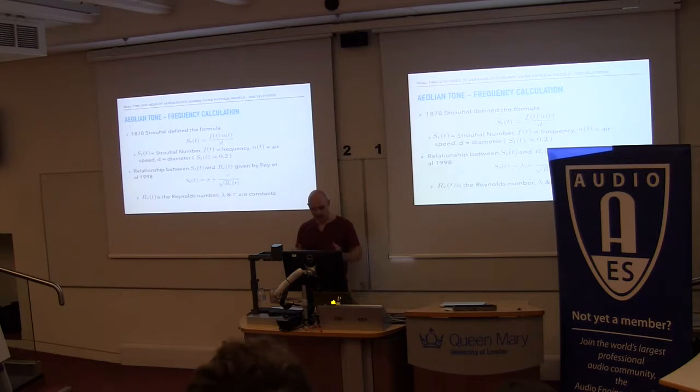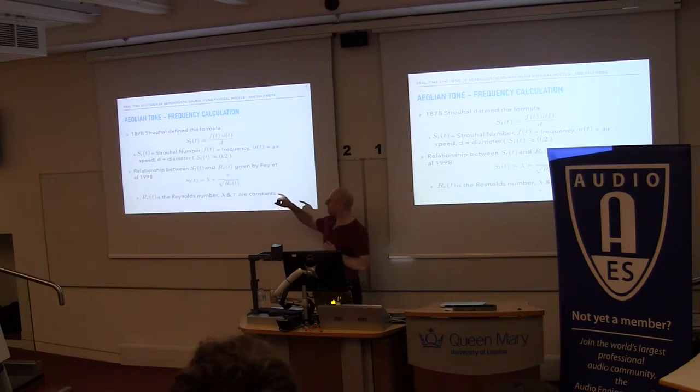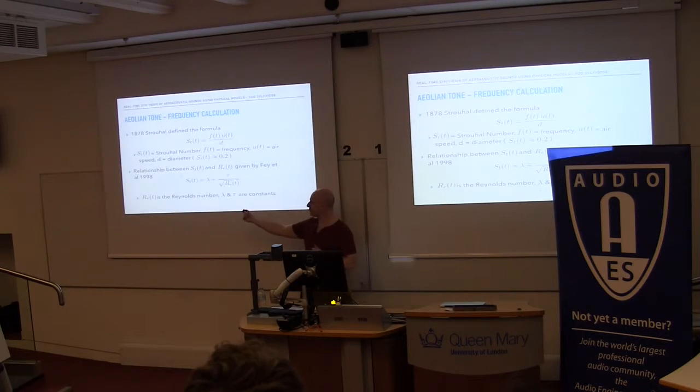The Reynolds number is basically a rating of how turbulent the air is around the object that's creating the sound. So you can start at laminar and go right up to the areas called critical. I don't understand all the areas, but I did find another equation in a paper by Fay in 1998, which gave this relationship between the Reynolds number and the Strouhal number.